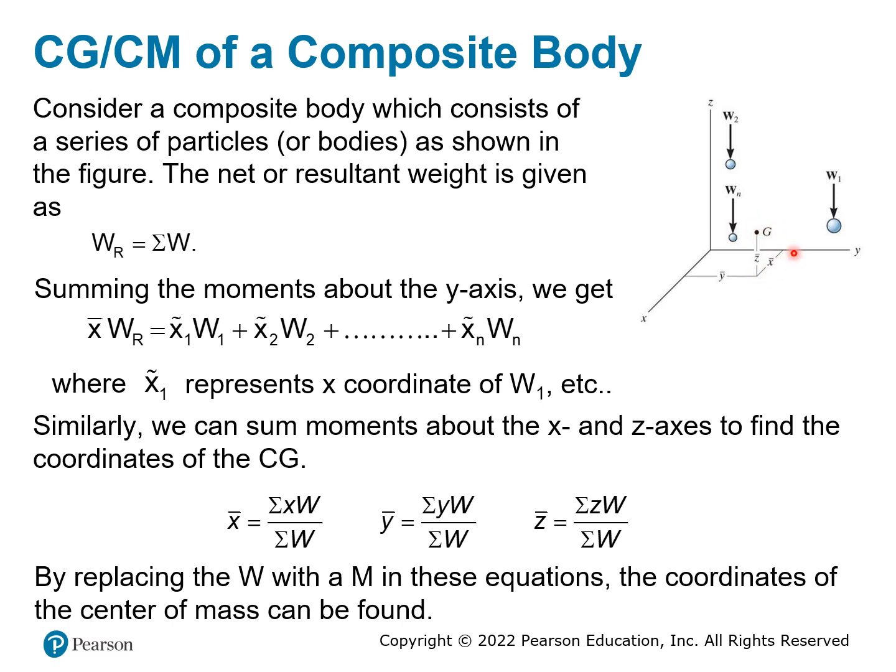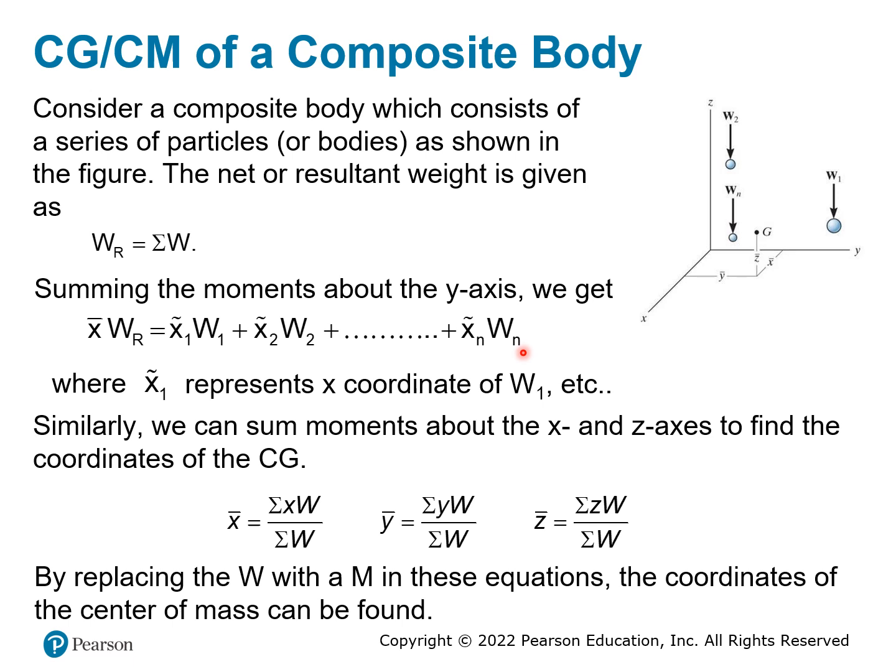We want to find x bar, which is the location with respect to the y-axis. Then you find the moment for each one of the small components, and you make it equal to the total weight at the center of gravity multiplied by the center of mass location.